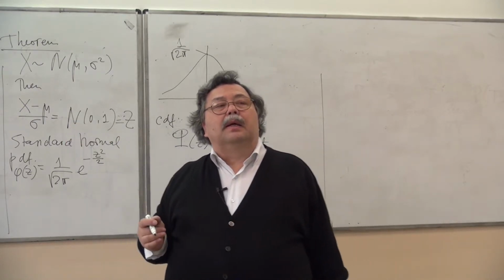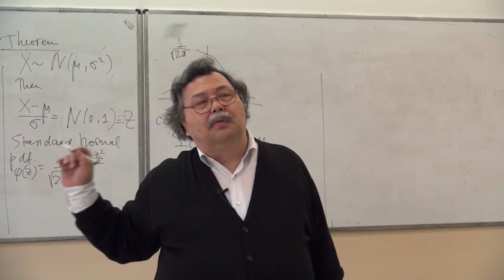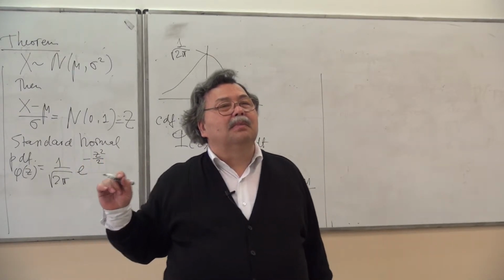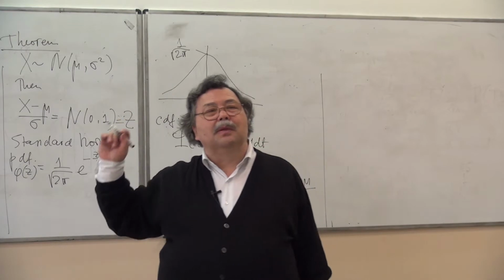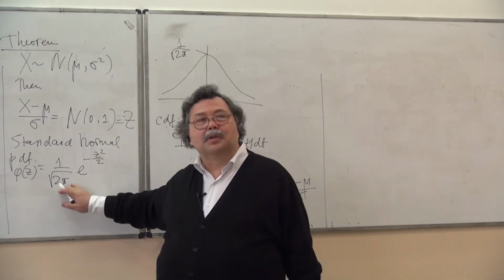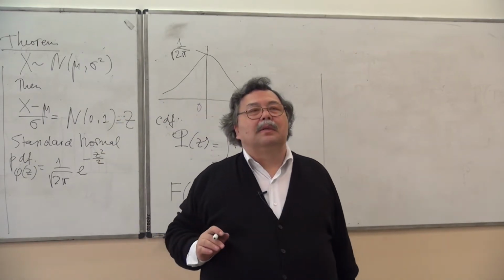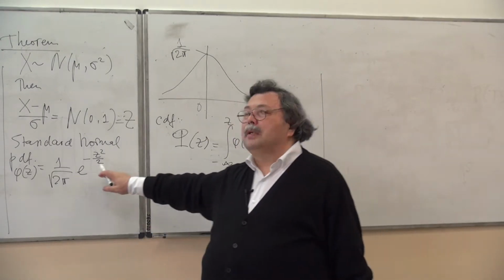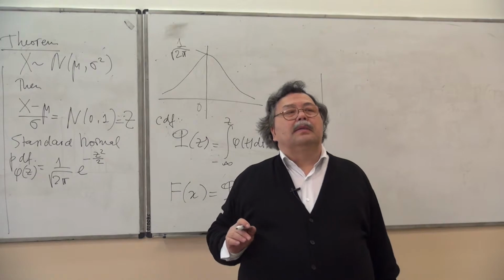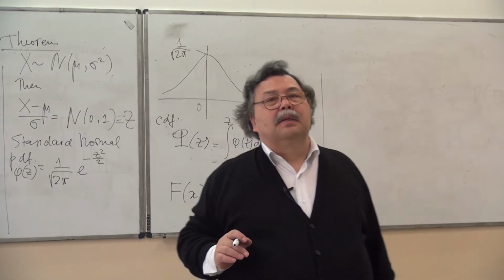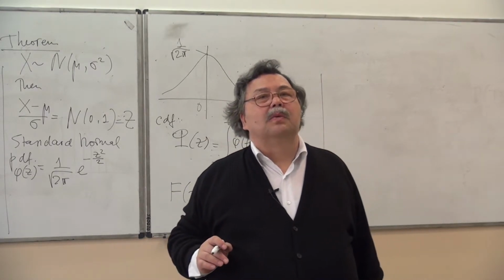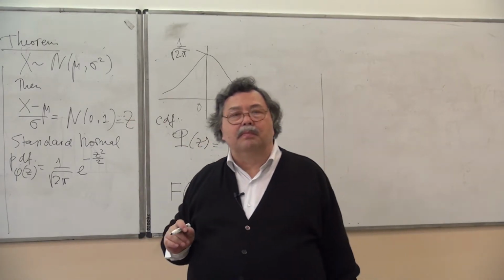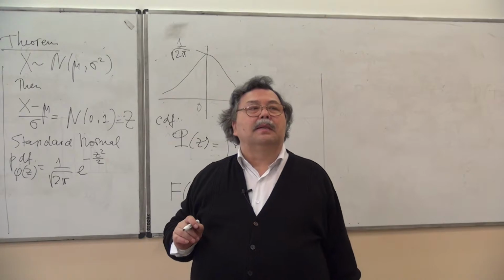And if you followed me closely, you might have noticed that I didn't attempt to write a formula for the cumulative function. And it's not an accident. Actually, this function is not integrable in elementary functions. There is no way I can write the integral of this in closed form. So this is a difficulty.